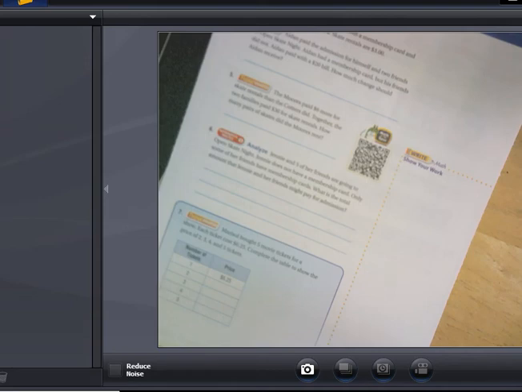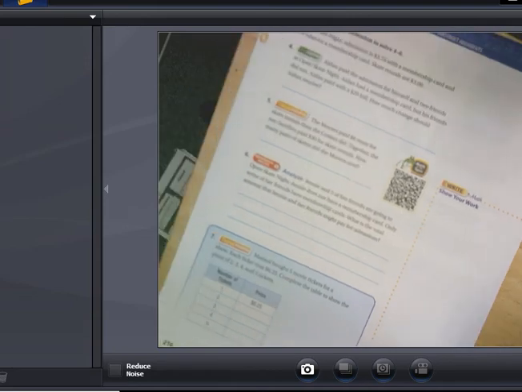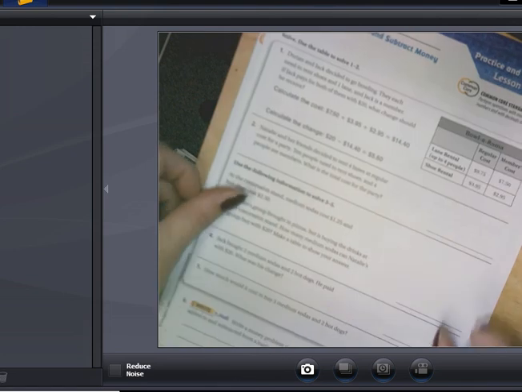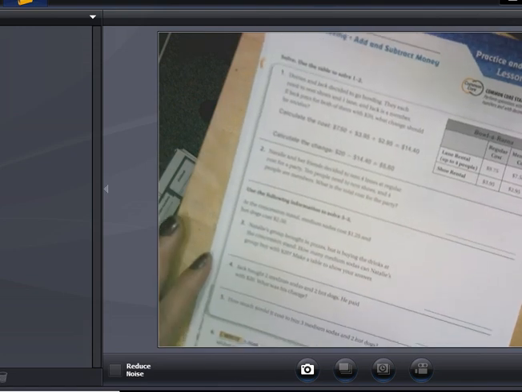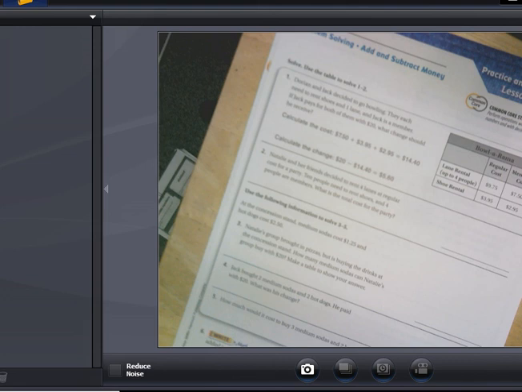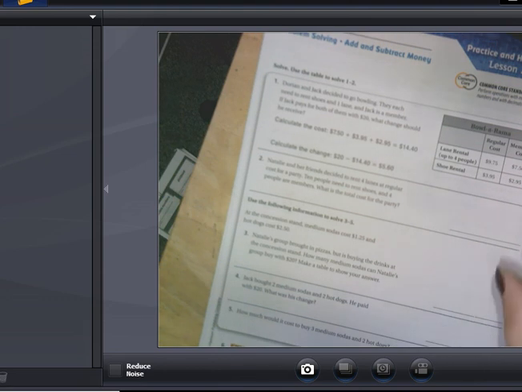Okay, then let's go on your own. We'll come back and do on our own if we have time. Let's go to our homework pages, and let's do number 2, because that goes with number 1.